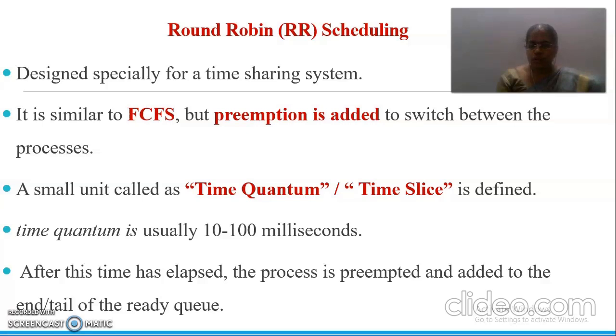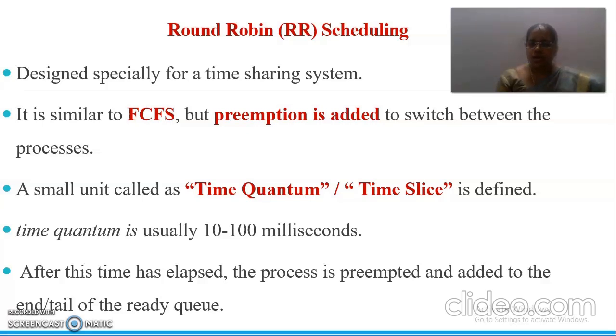The preemption is added using a small unit which we call a time quantum, otherwise called a time slice. Each process works based on this time quantum. The time allotted for each process will be the same, so that no starvation or other problem will occur, and all are processed equally.